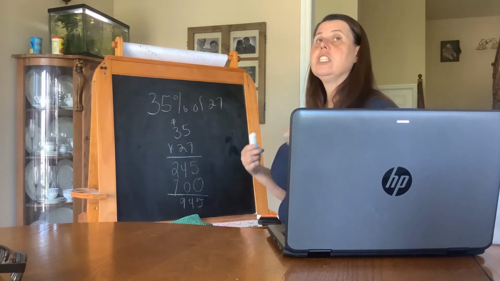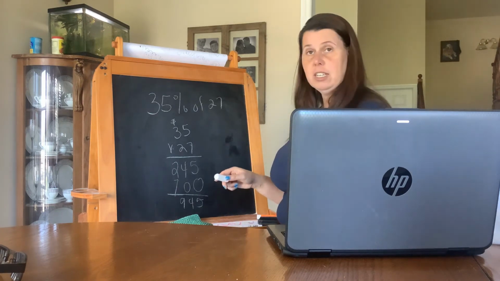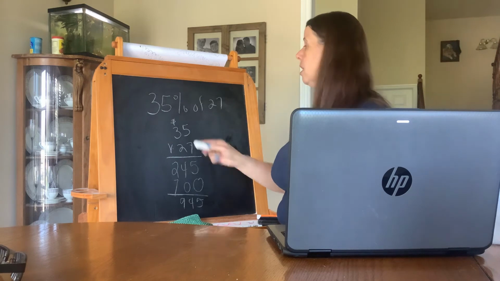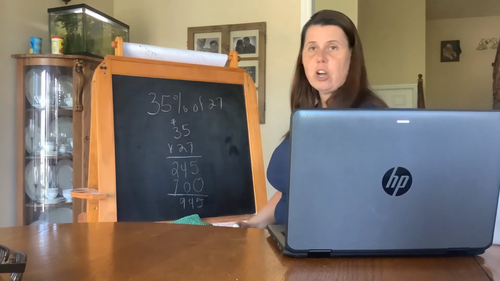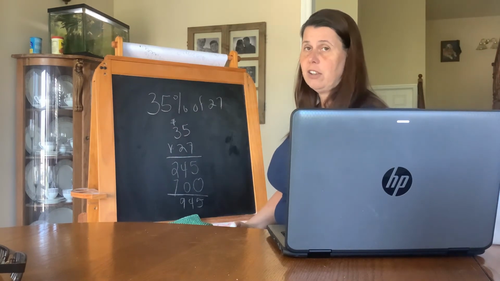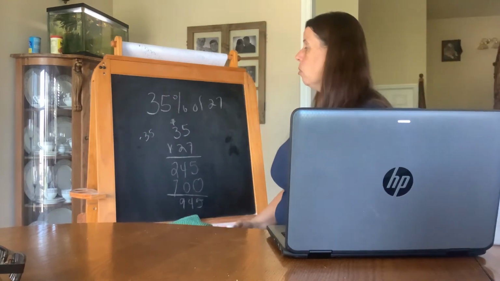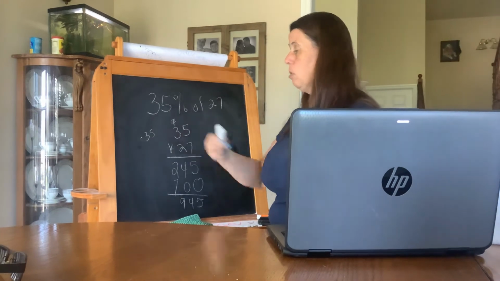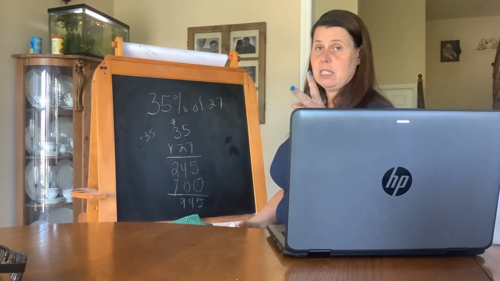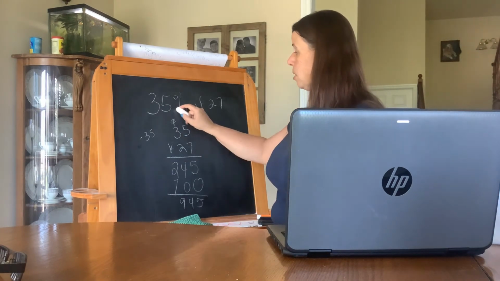Then she divides by 100 to get the percent because 35% is not the same as 35. It's actually decimal 35, right? So we need to shift that decimal place 2 places because it's out of a percent, right?